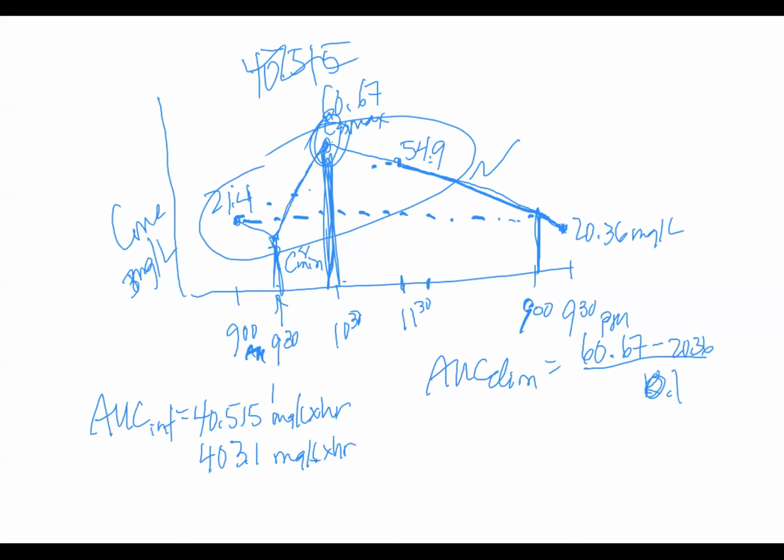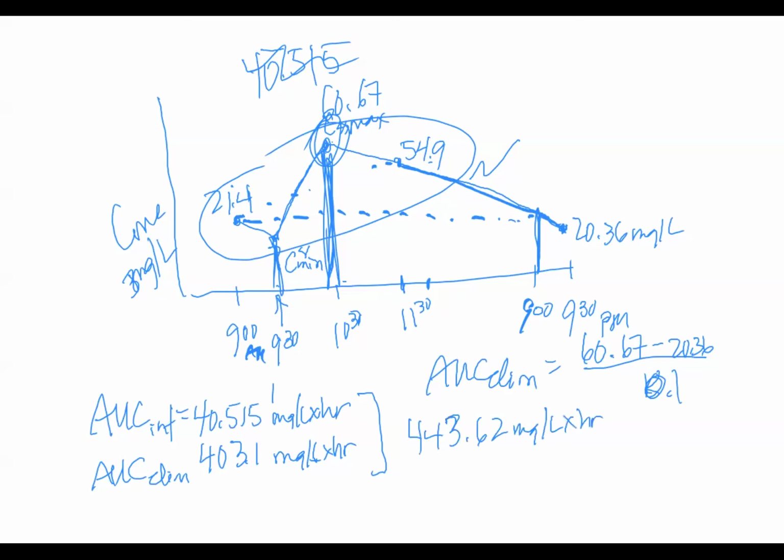Is anybody doing this with me? Check my math. So area of the curve elimination. So to get our total area of the curve, we add those two, right? So I got 443.62 milligrams per liter times hours, right?